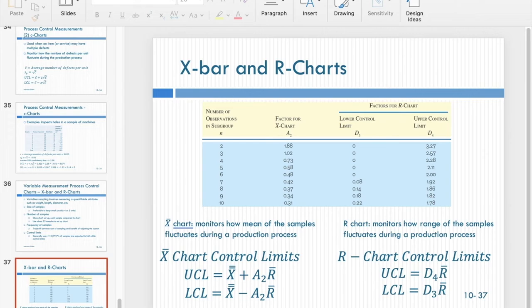In the R chart, the upper control limit is based on D4 times R bar. Then how do we get all these different numbers? A2, D4, and D3 come from a reference table.